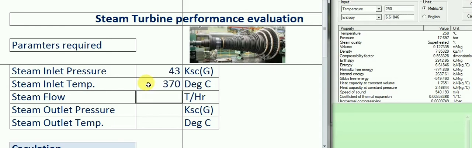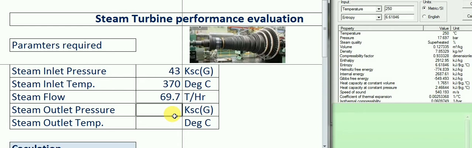What is the steam flow? Steam flow is required basically for the output work calculation. For efficiency it is not needed, but we have taken it. What is the steam outlet pressure? That is the exhaust pressure. Turbines have two types: one is the condensing turbine and the other is the back pressure turbine.